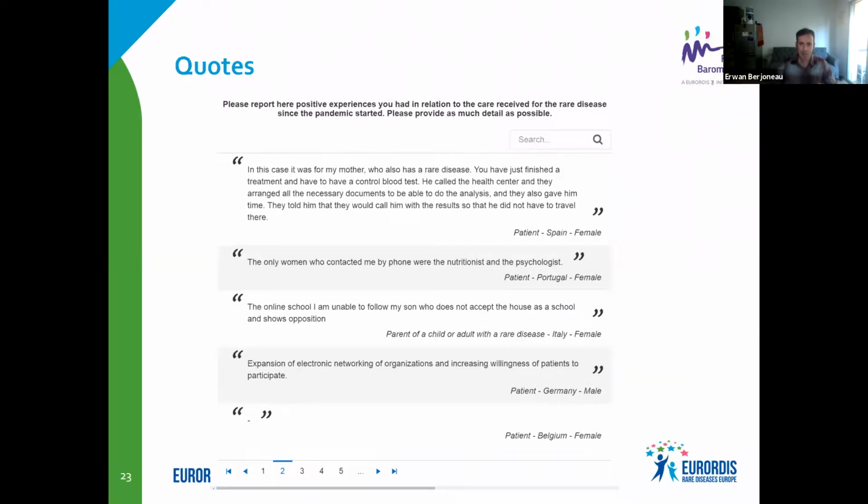We also have quotes. So the quotes that you saw on the infographics, we have them, of course. So that's an example of the quotes. But for the quotes, it's a bit different.